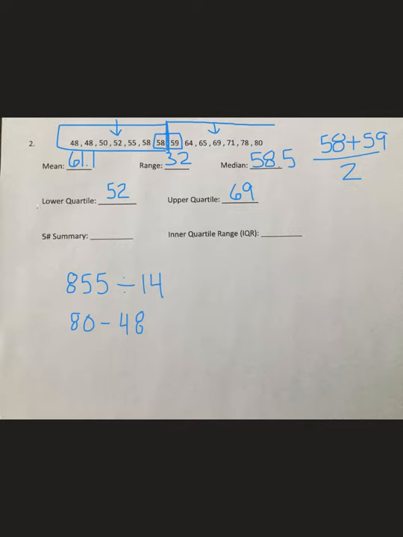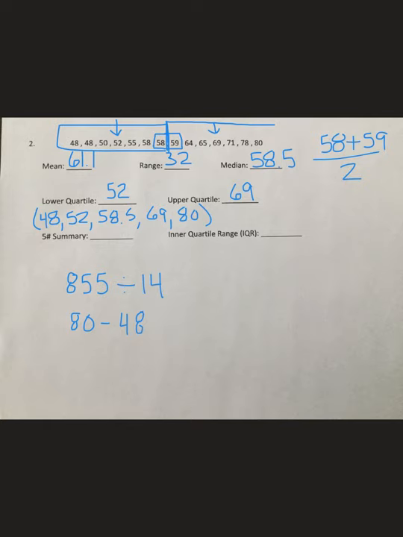And now my 5-number summary is going to be 48, because it's my smallest number, 52, which is my first quartile, 58.5, which we said was our median, 69, which is our upper quartile, and 80, which is our largest number.